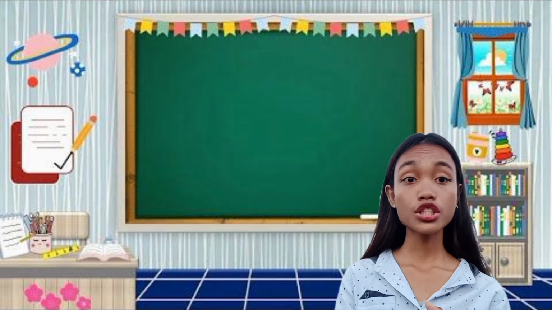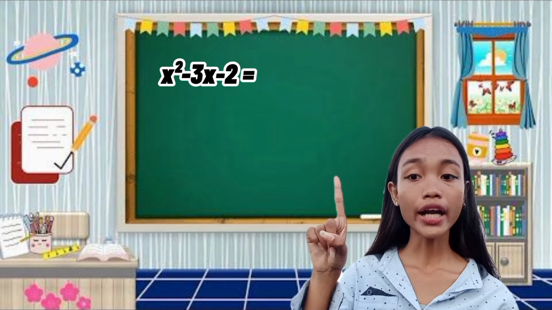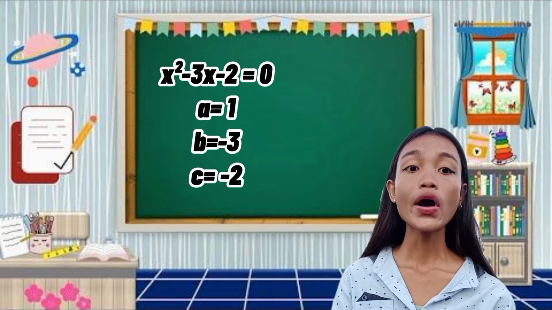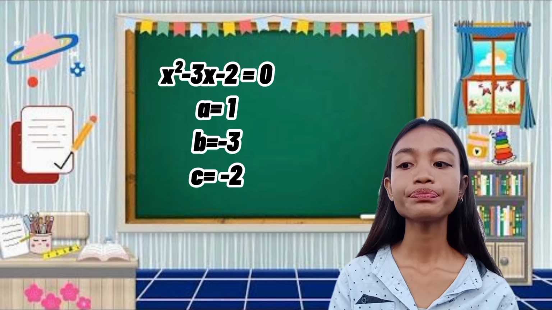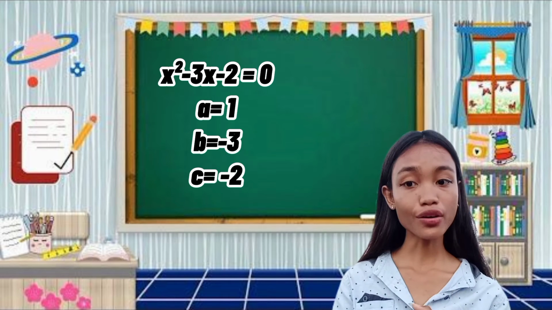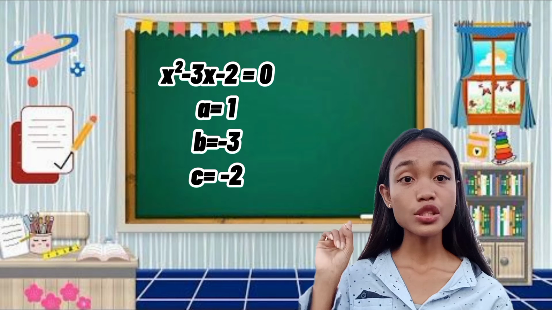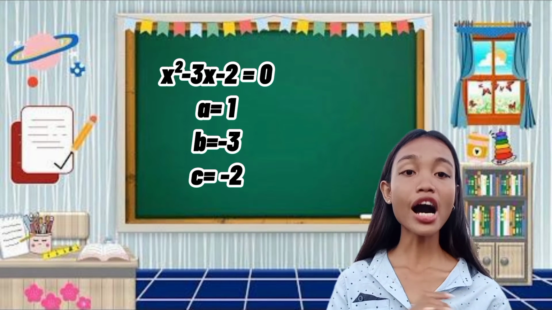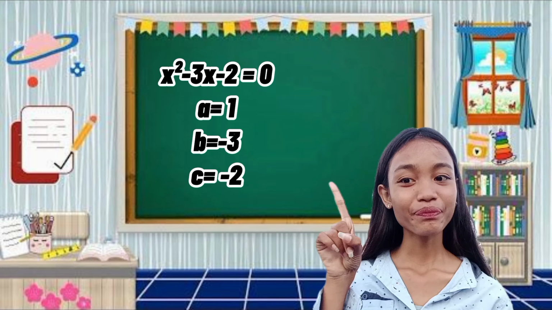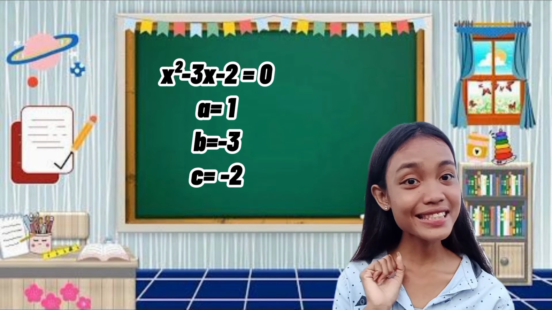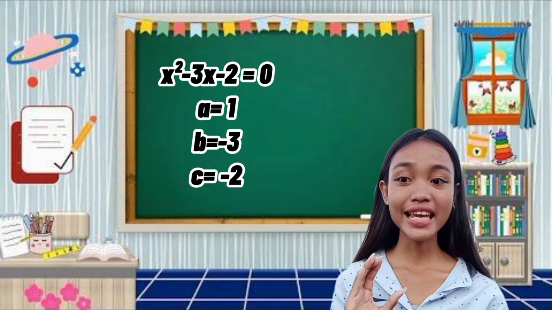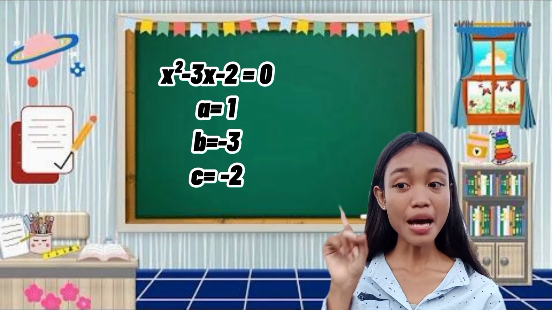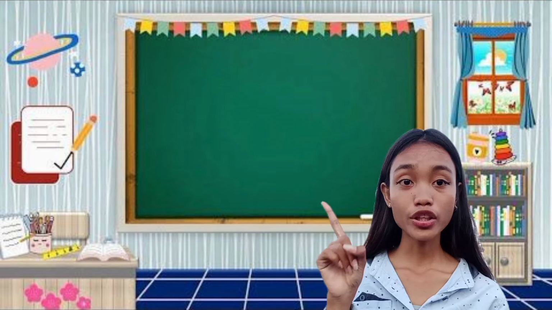Suppose we wish to solve x squared minus 3x minus 2 is equal to 0. So, comparing with the general form, ax squared plus bx plus c is equal to 0, we see that our a is 1 and our b is negative 3 and our c is negative 2 from the example we are going to use.